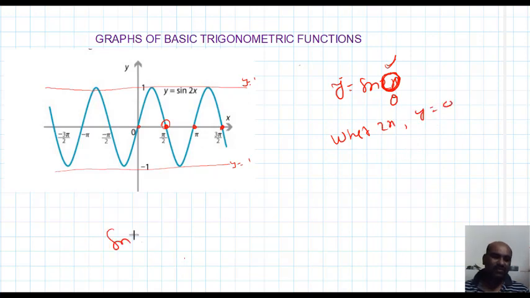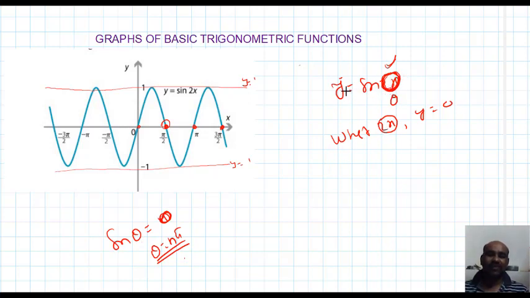Already observed, sin theta equal to y, and if y equal to 0 then theta is nothing but n pi. For any theta of the form n pi, y equal to 0 only. So instead of 2x, what should we take? n pi. Understood? Taking 2x as theta, y equal to sin theta.